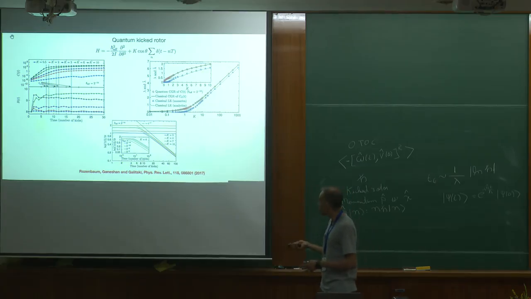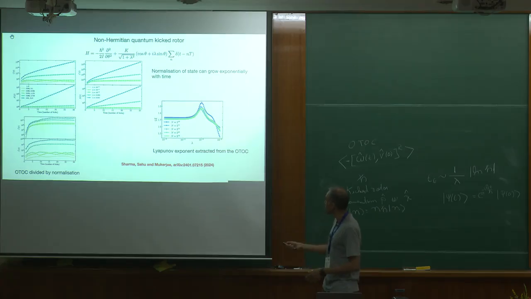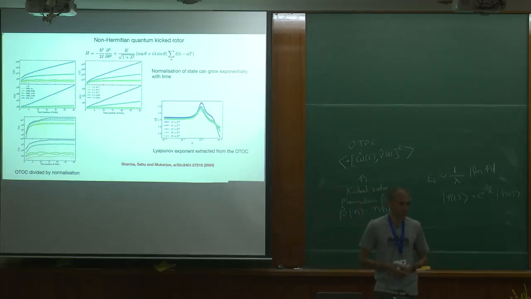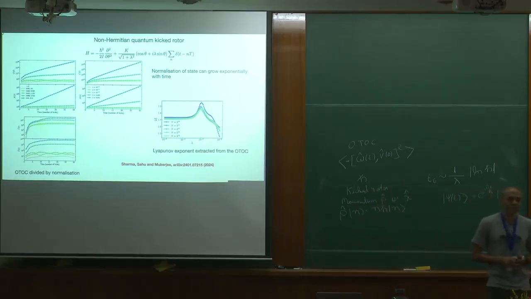Here it turns out that if you calculate the Lyapunov exponent at fixed kicking strength as a function of this non-Hermitian parameter lambda, there is a place where the Lyapunov exponent seems to peak. It turns out that this peak has something to do with a phase transition which this system has, which the Hermitian system does not have, and that phase transition has something to do with the breaking of what was called PT symmetry.